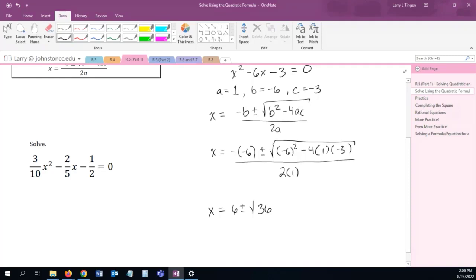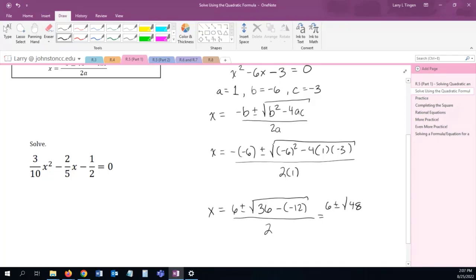So this first term under the radical is always going to be positive. And now I have minus 4 times 1 times -3 is minus -12, all divided by 2. I can obviously clean that up some more.